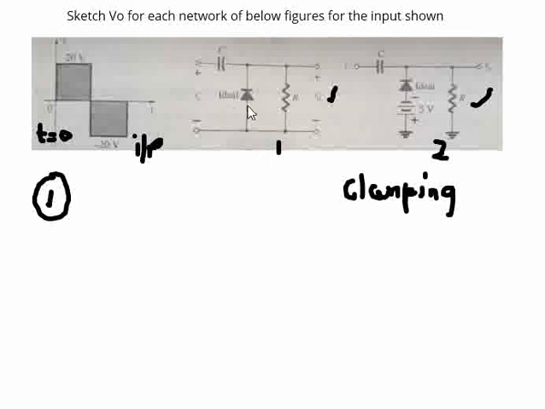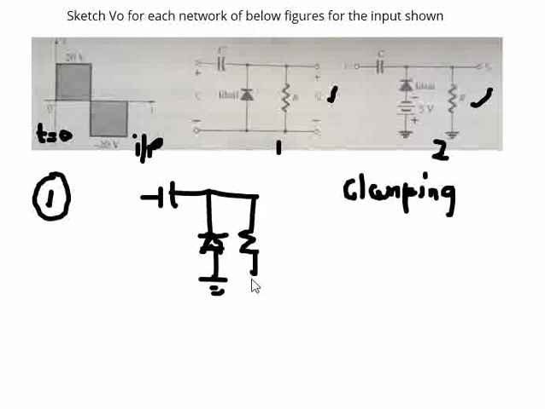Let us take the first circuit. This is V naught, this is R and this is the capacitor C. For this diode to get forward biased, the other end is ground, so V is equal to 0.